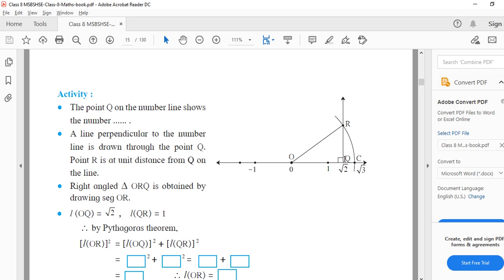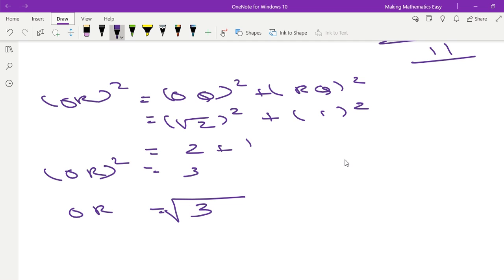On a number line, how to draw root 2, root 3, root 4, root 5, root 6, root 7. We can draw up to root 5, and then you can try up to root 7. In case you are not able to do it, do let me know in the comment section. We can cover it once again.